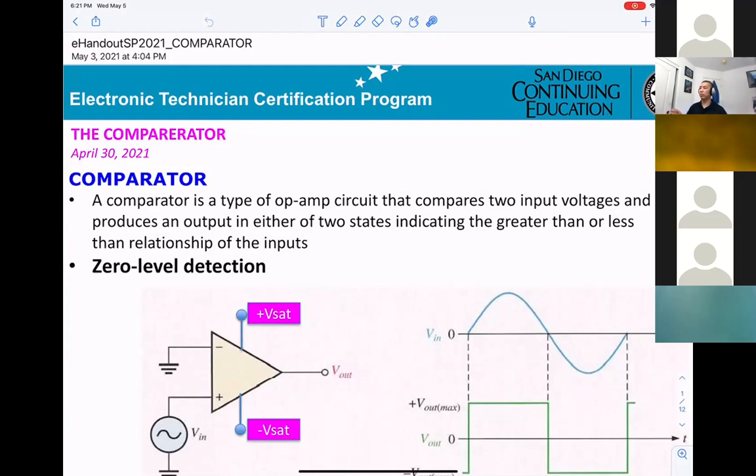This is a very simple thing. A comparator is a type of op-amp circuit that tries to compare two input voltages and produce the output in either of two states, indicating the greater than or less than relationship of the inputs. That means you can get a comparator that looks like this one here.